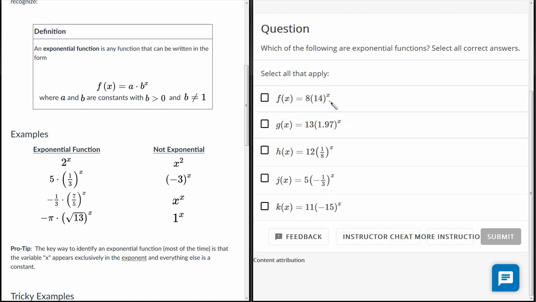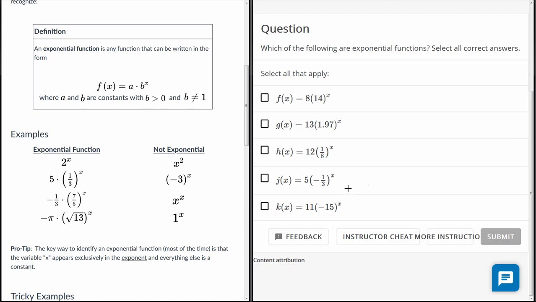Some of these are kind of tricky questions, because the only place x appears is in the exponent. So that's why the pro tip said most of the time. You got to read the fine print here. It says that the number that's getting raised to the x power has to be positive.